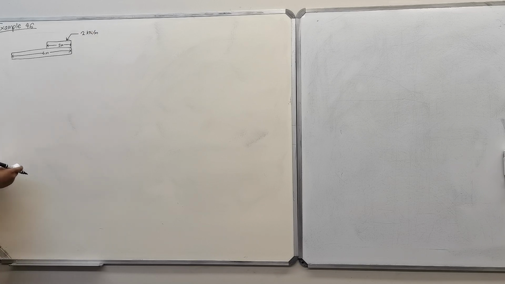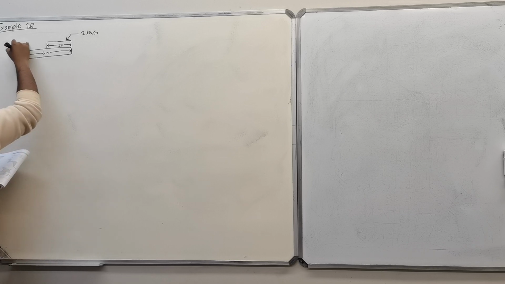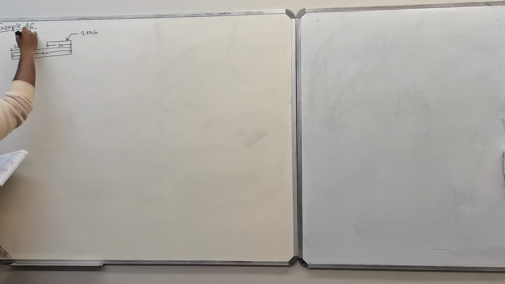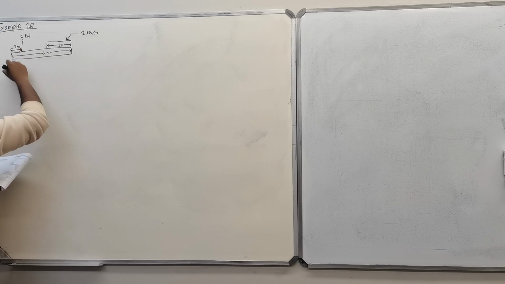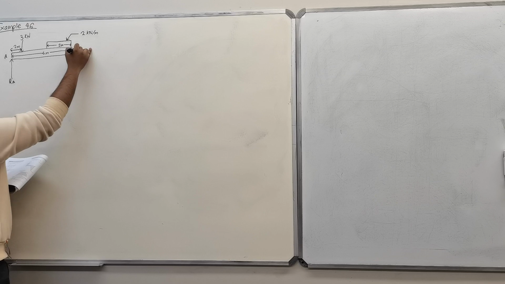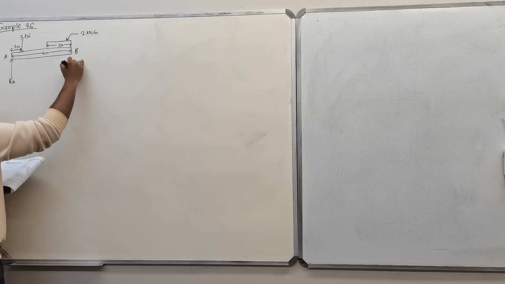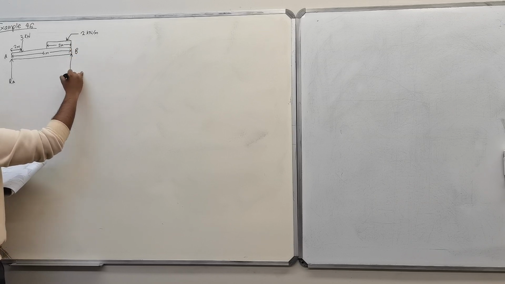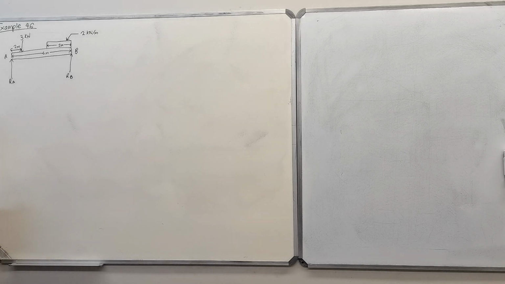The beam also carries a concentrated load of 3 kilonewtons located 2 meters from the left end. It is supported at its ends. That's the information you are given, right?